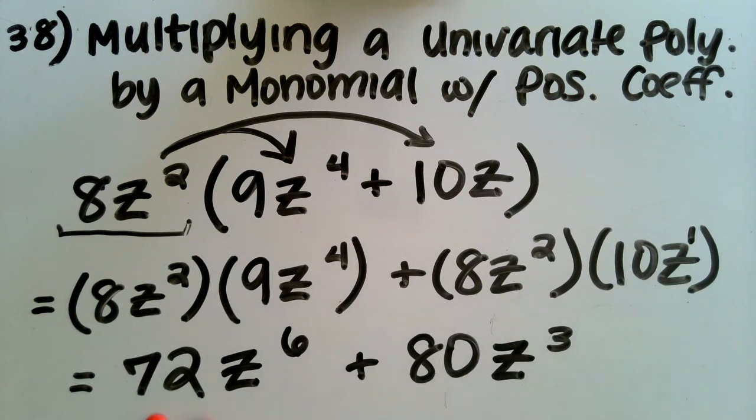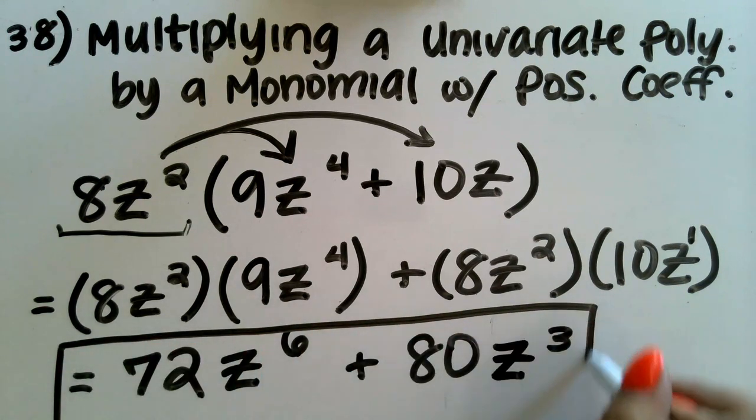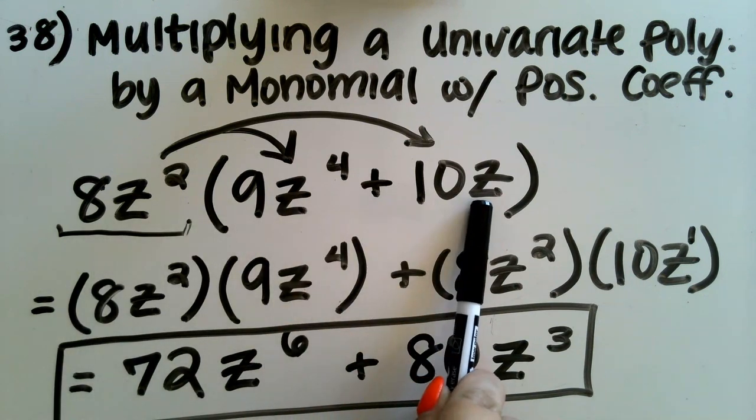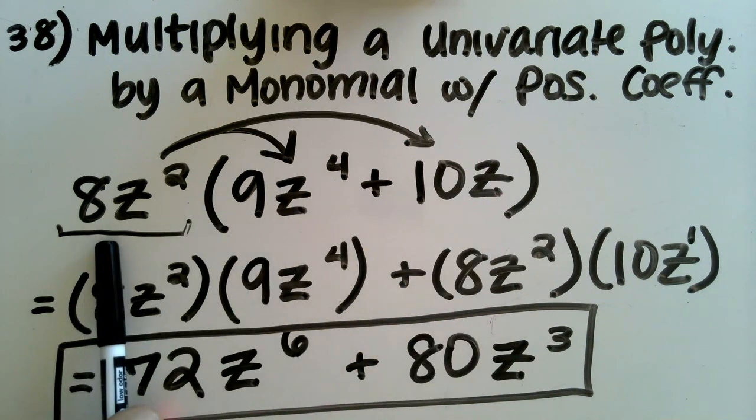And remember, we cannot combine these like terms because they do not have the same exponent, so therefore we are done, and we have successfully multiplied this univariate polynomial by this monomial with that positive coefficient of 8.